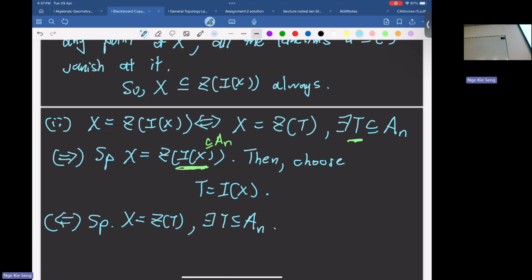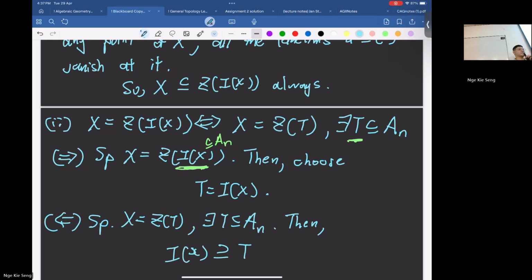Okay, but which one is greater? I mean, which one is a subset of which? Then Ix should at least contain T. Correct. Ix is an ideal. T is just maybe a finite set of polynomials. Correct.